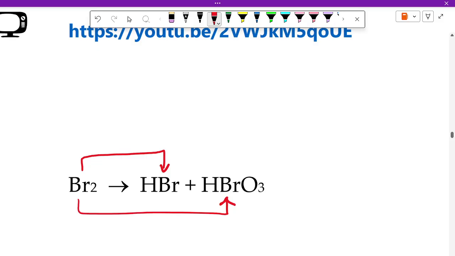But if you prefer, if you don't like that, you can say, I don't know how many bromines I'm going to have, but I know that some of my bromines are going to turn into HBrO3 and some are going to turn into HBr. And then from there, just like the last one we did, shall we do it?